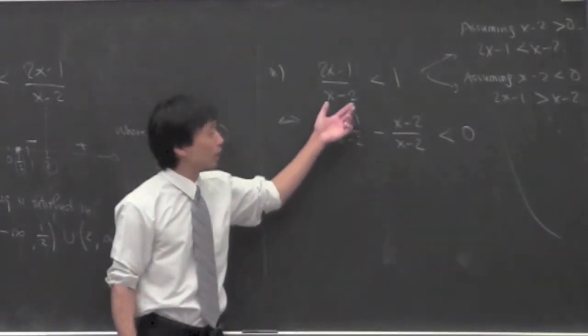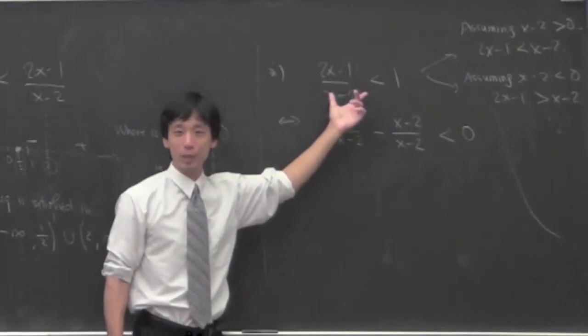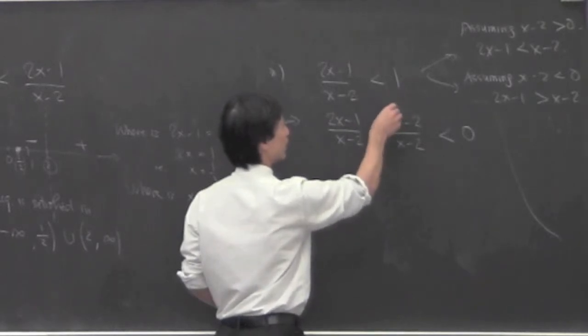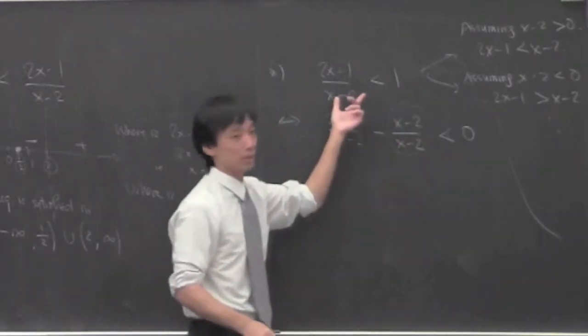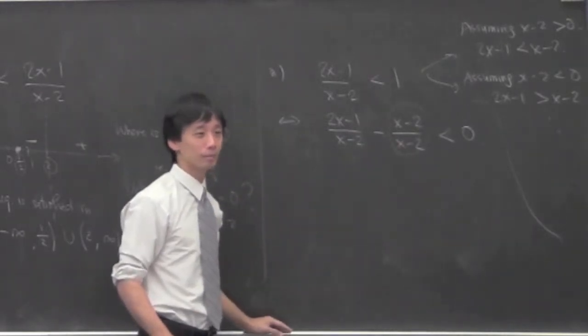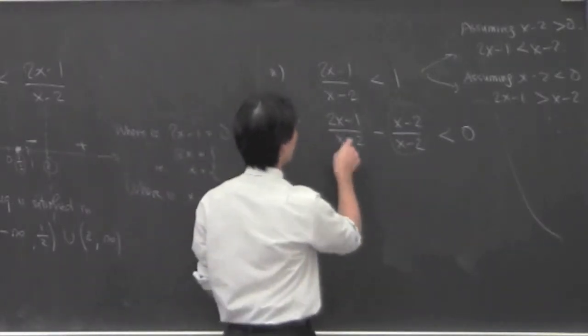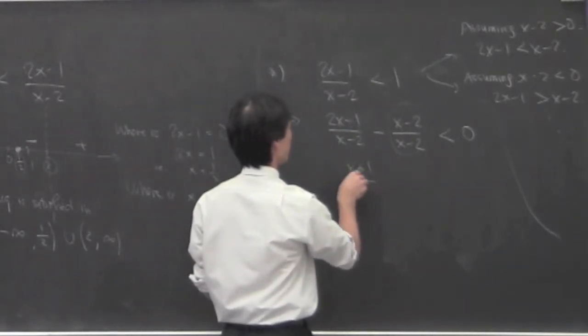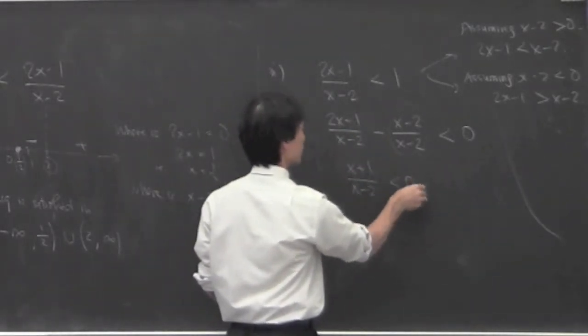So I'm going to do the rational functions way again. I made the 1 look like this, and I moved it to the left side. And so I get x plus 1 over x minus 2 is less than 0.